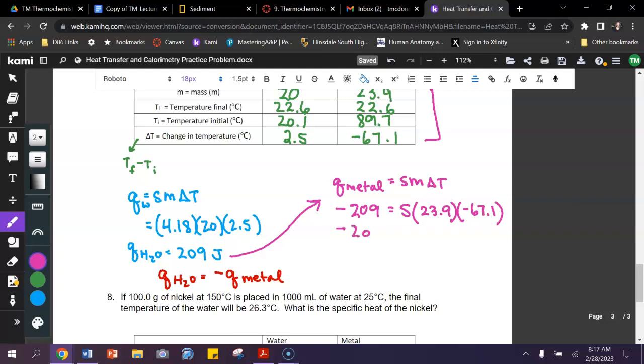So negative 209 is equal to S, and when I multiply 23.9 times negative 67.1, I get a negative 1603.69. Now to solve for S, I have to divide both sides by negative 1603.69.